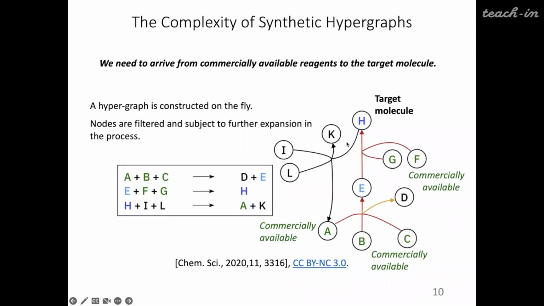In such a way, K is a byproduct that isn't used in the later synthesis steps.